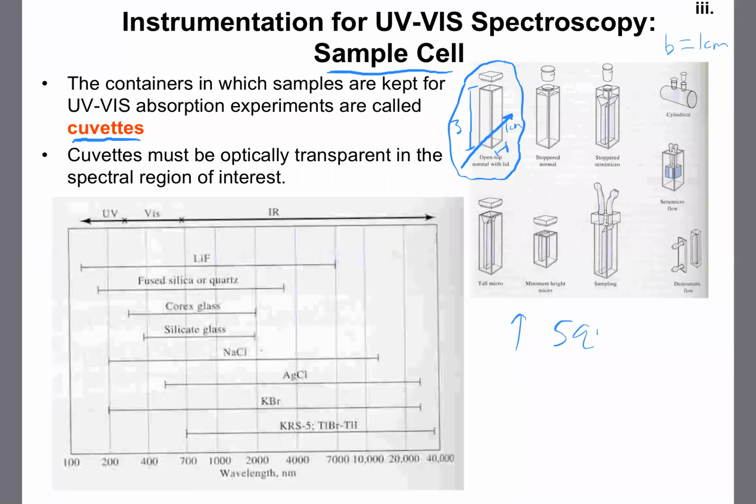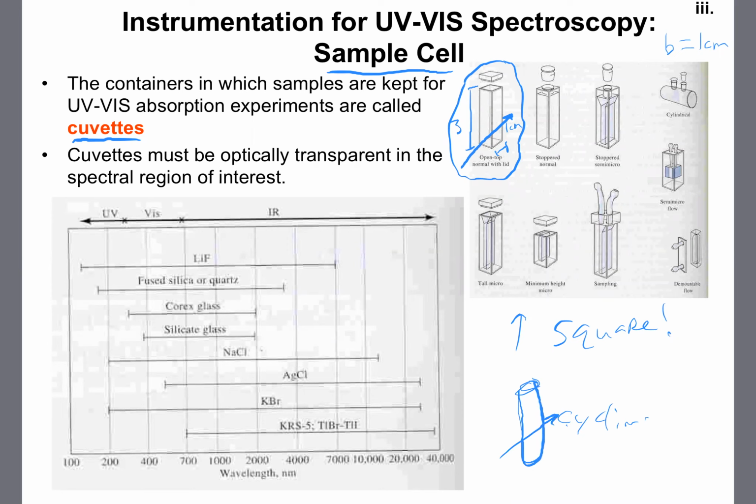Notice they are typically square. Sometimes you'll see cuvettes in inexpensive devices as being like test tubes or cylinders. My pen, I think the battery's gone dead. They're cylinders, and you pass the light basically through the bore of the test tube.